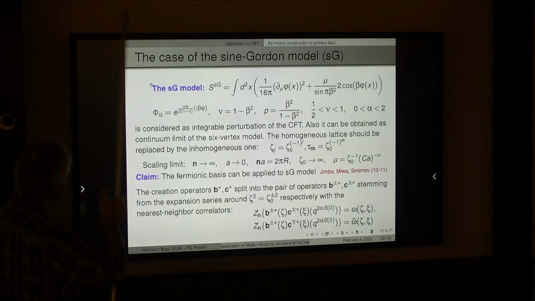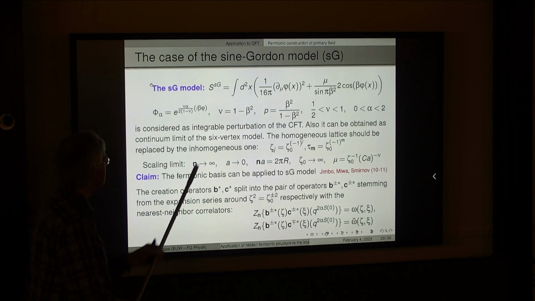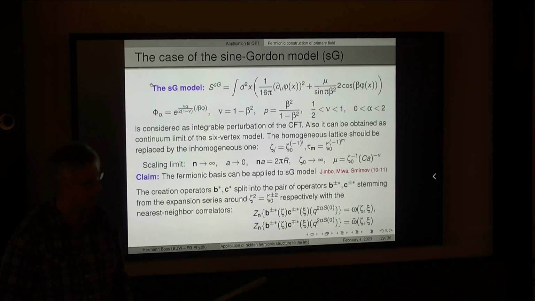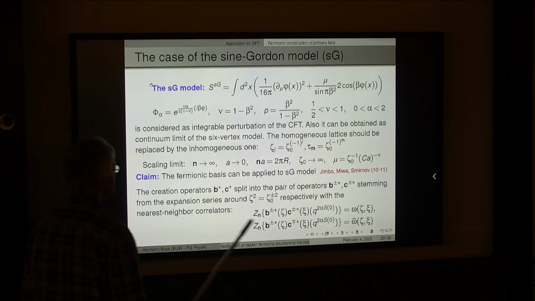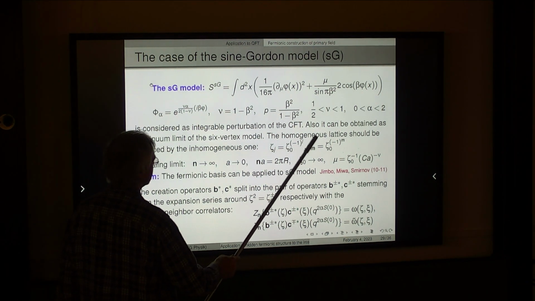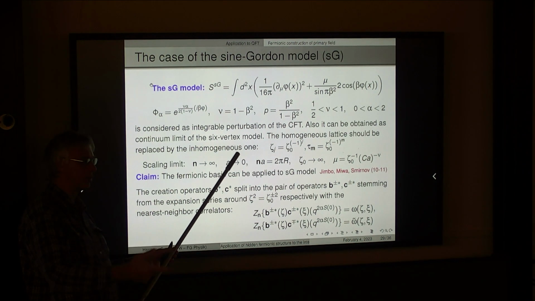And it's well known that the Sine-Gordon model can be considered as an integrable perturbation of conformal field theory, actually phi 1,3 to be precise, perturbation. On the other hand, it can be obtained as continuum limits again of the 6-vertex model.